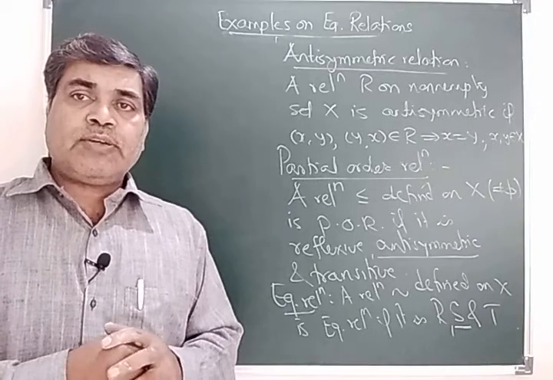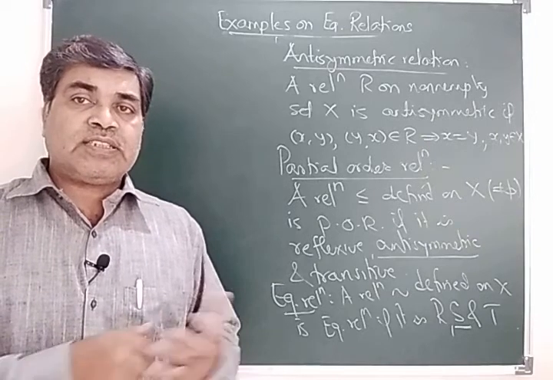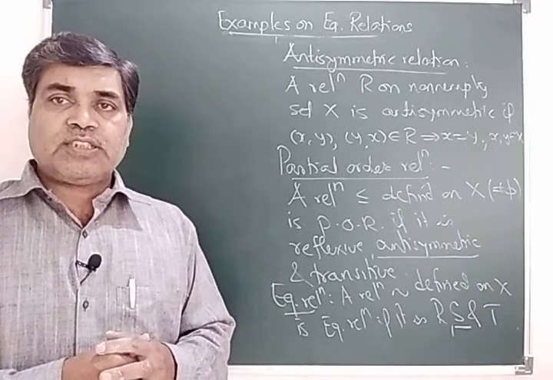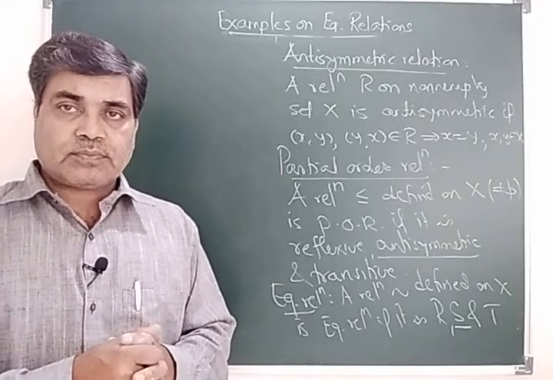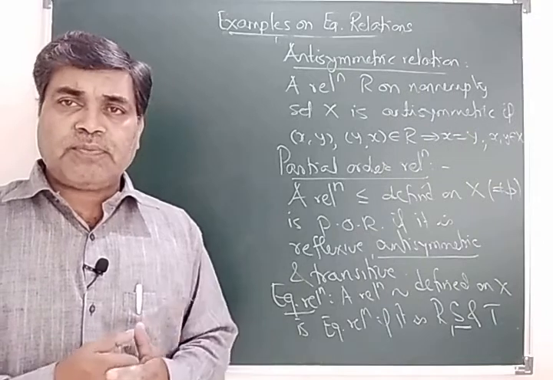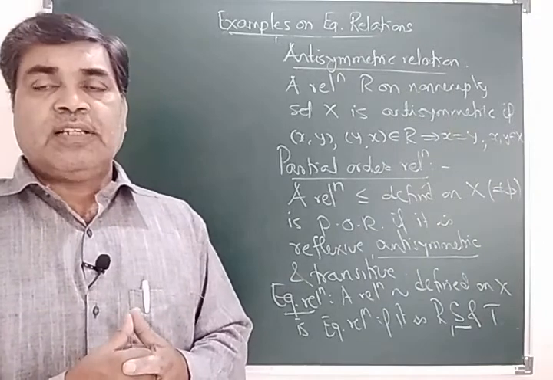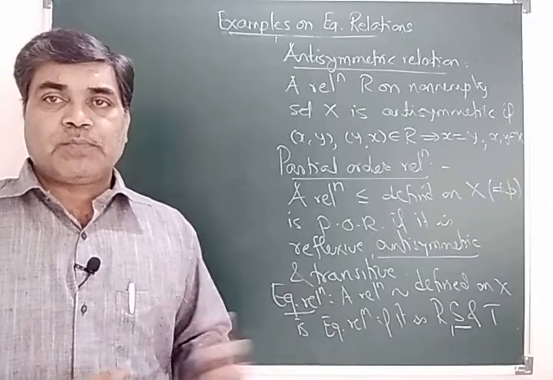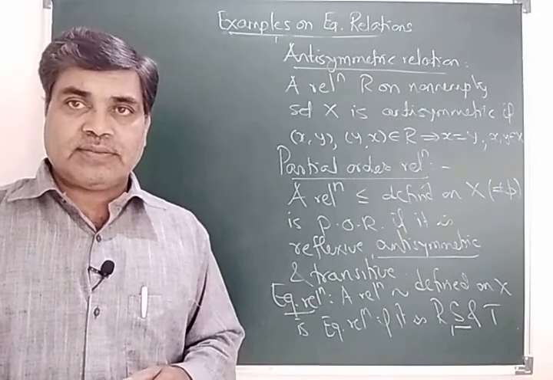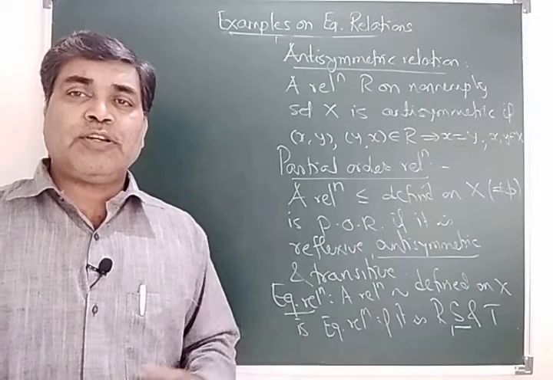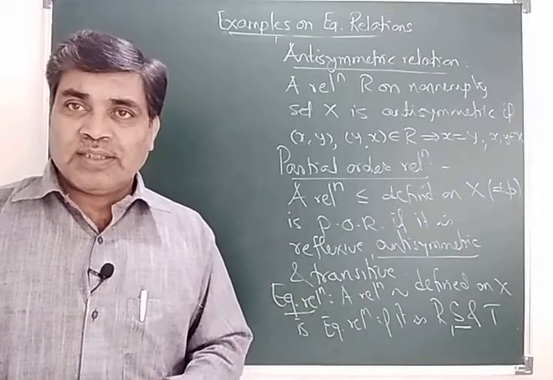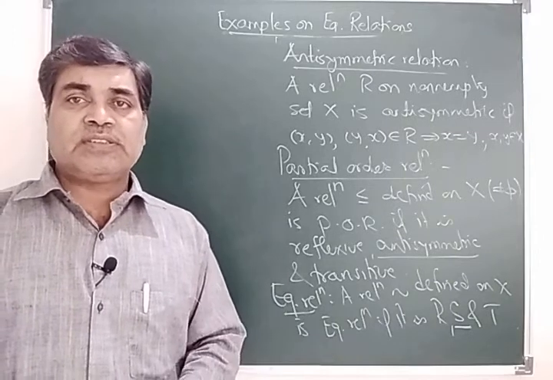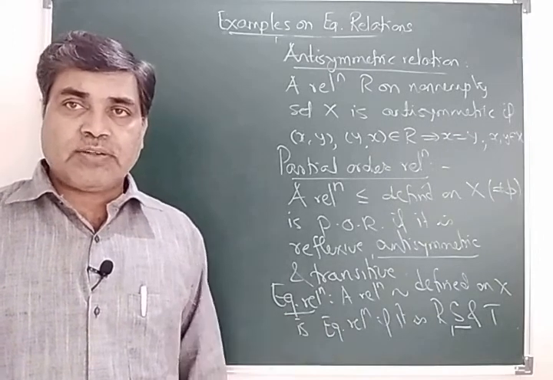In the previous lecture I took two examples of equivalence relation defined on Z. The set of integers is a countable set, so you can define a countable number of partitions on Z, and that is why a countable number of equivalence relations exist on it. Among them we have studied only 3-4. If you go through books, you will get other examples.